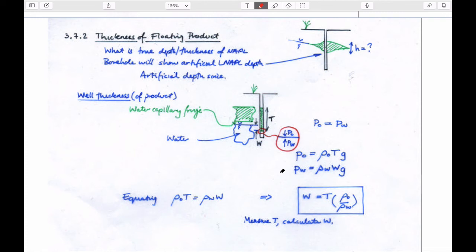We can calculate exactly what those are if we look at the geometry of this. So the pressure of the oil is just going to be the height of the fluid here multiplied by its unit weight, which is density times gravity. These two together are the unit weight of the oil, and the thickness.